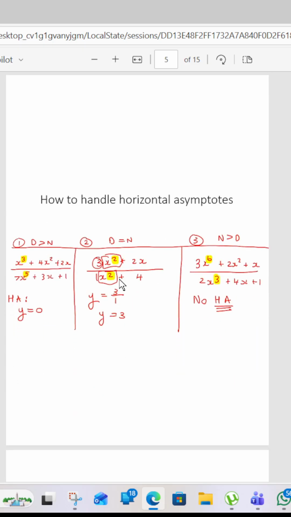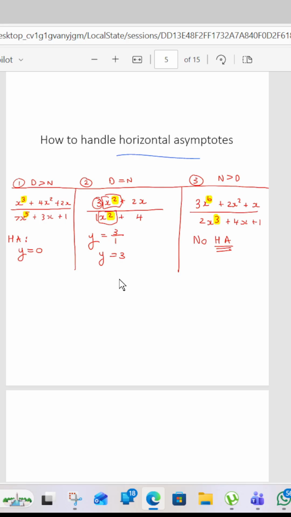Now to handle horizontal asymptotes, there could be three cases. If the denominator is bigger than the numerator, we need to focus on the power. Like here the power is 5 and here we have 3. So 5 is bigger than 3, then the horizontal asymptote is going to be y equals 0.